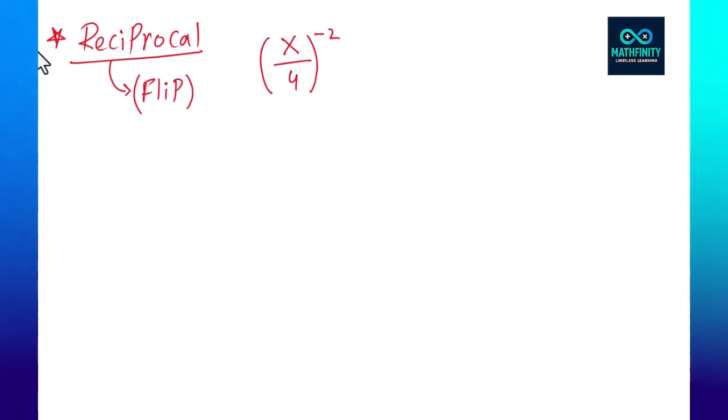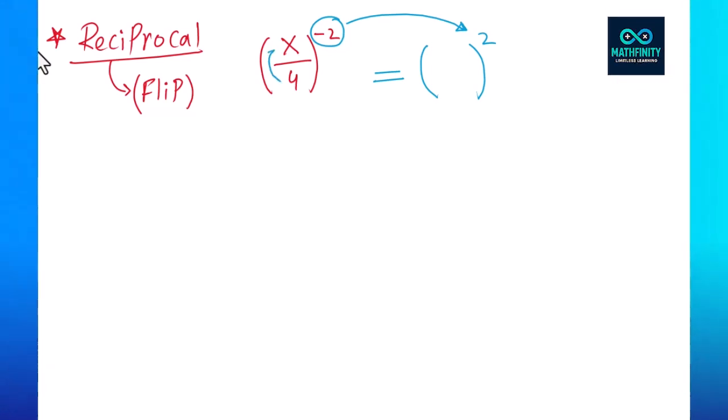Whenever the index is negative, we have a way to convert it into positive. But to convert a negative index into positive, we have to take the reciprocal inside the bracket, which means we change the positions. 4 will go up and this x will come down. This is called reciprocal, or in another word, flip.